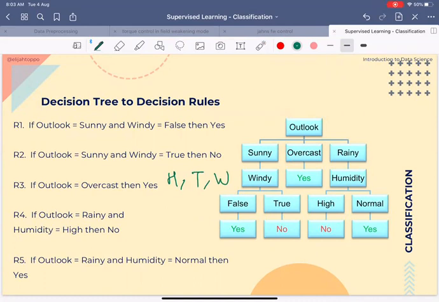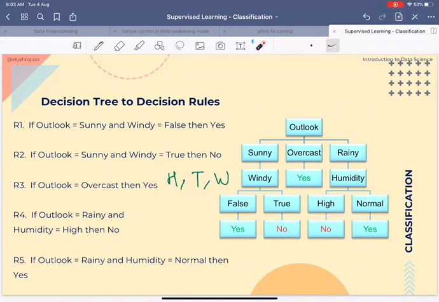Feature randomness is, let's say for this case, we will not allow humidity as an input. We will only allow these two, temperature and windy, and we are doing this randomly. So after sunny, my algorithm is forced to choose either temperature or windy. It cannot choose humidity. So that is another way of creating some variation in the data.